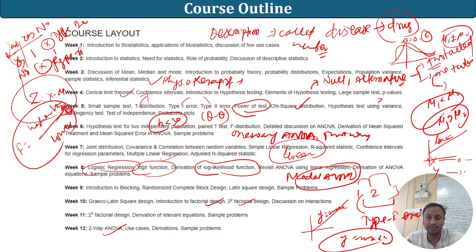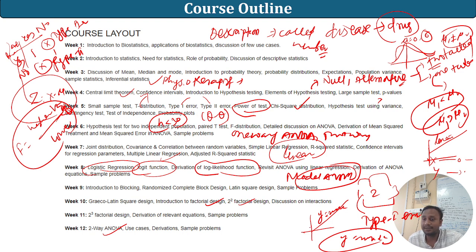If we don't, there is a chance that an uncontrollable factor will come into the picture and affect our study or the results, because that factor becomes a major factor. So we have to avoid it.